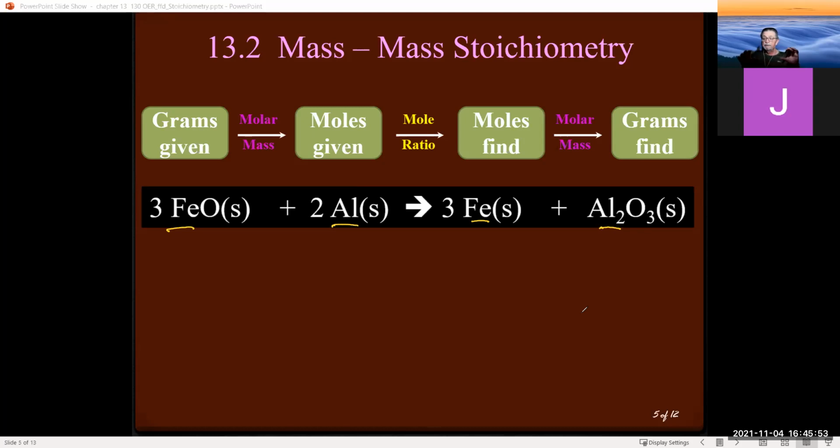Taking that sentence, you would convert it to the chemical reaction: FeO plus Al yields Fe plus Al2O3. Then you would balance it. Once you have it balanced, you figure out the physical states, and everything here is solid, because there's no mention of an aqueous solution, so most everything here is a solid.